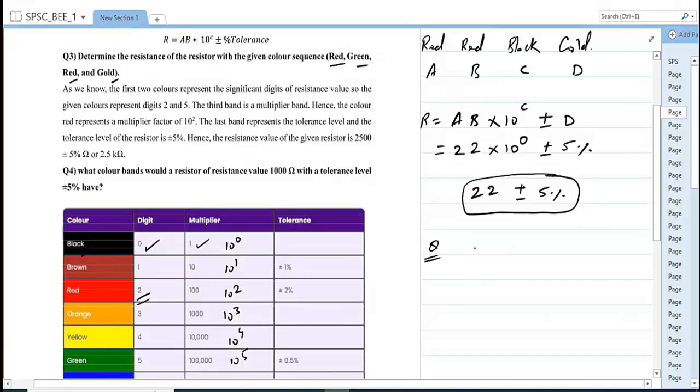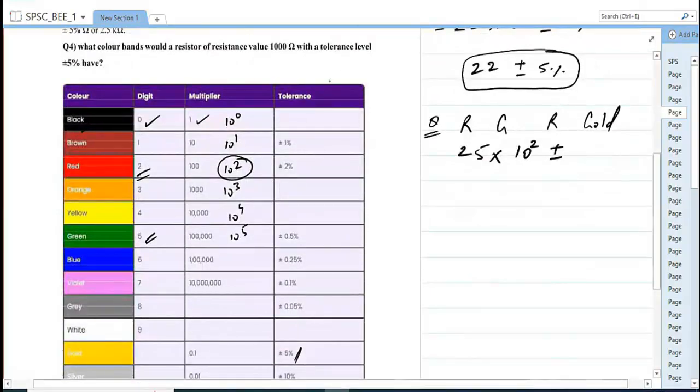The first color is red, then green, then red, then gold. For red, what digit is written here? 2. For green, what is written? 5. So 2 5 into 10 to the power 2, for red. Plus minus for gold. What is the tolerance? This is the tolerance.